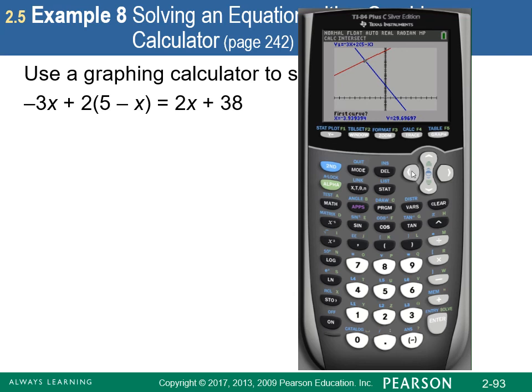Now it doesn't have to be perfect, just get close, and press enter 3 times. And what you see beside the X is the answer. So we just solved that equation, and we've got X equals negative 4.